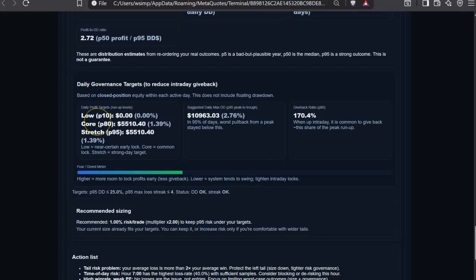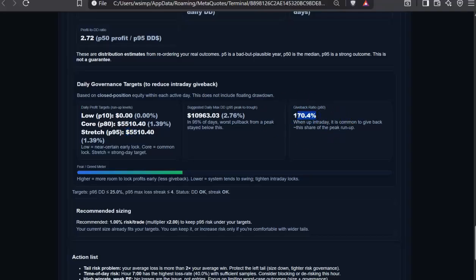So P80 means like an 80 to 90% of trading days. This is the profit peak. So 1.39%. And stretch P95 is like on 60% of days, or the best trading day, it would hit a stretch, and this is the highest stretch before it starts giving back.